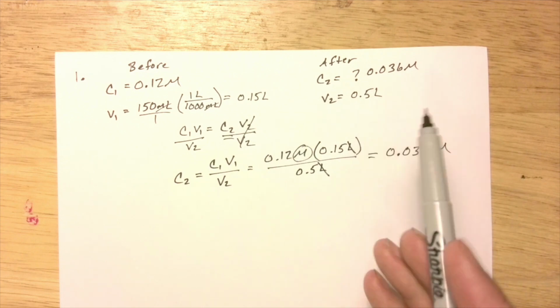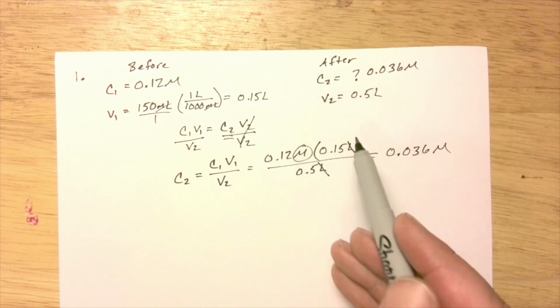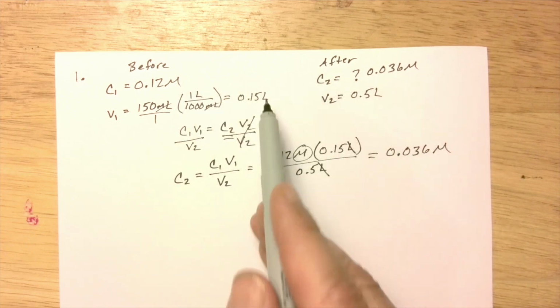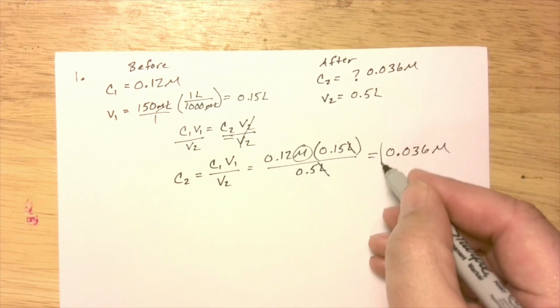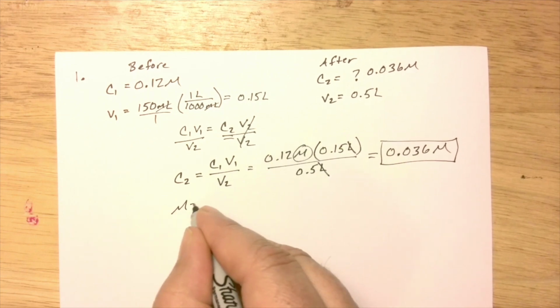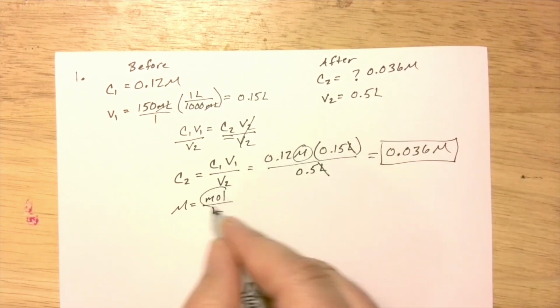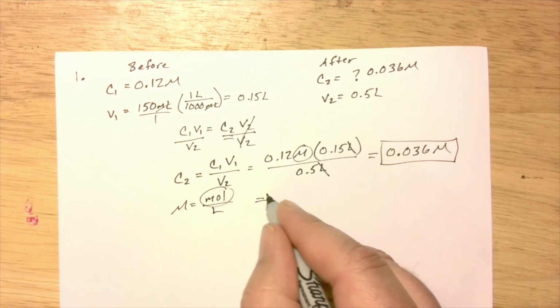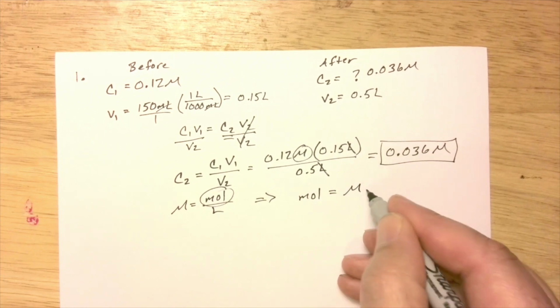Now the one thing, to relate this to what we've already done before, this is not part of the question here. So this is your answer here. If you remember, molarity is equal to moles per liter. If you rearrange this and solve for moles, moles is equal to the molarity times the liters.